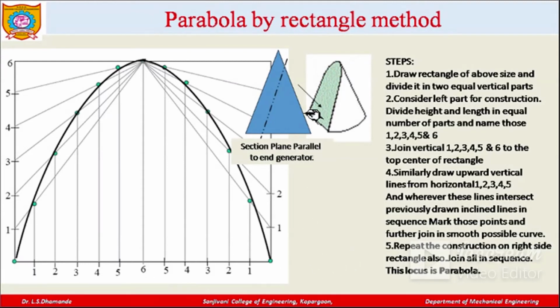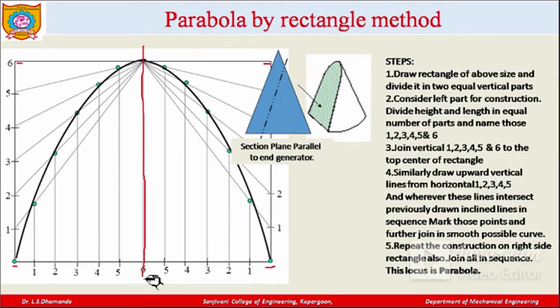Then divide that into two equal parts. Suppose you have drawn this particular rectangle like this. You started with this point, drew this width horizontally, and this height, and completed the rectangle. Then you divide this rectangle into two equal parts, like this.